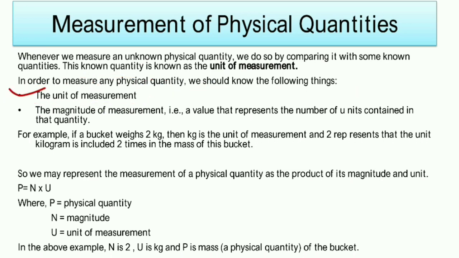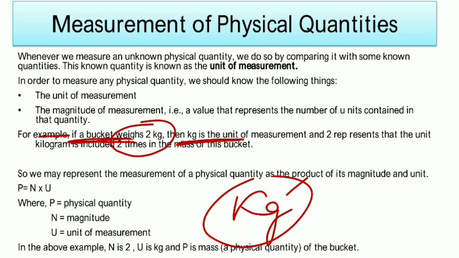So the first thing is that we should have the unit of the measurement. Now the magnitude of the measurement is the value that represents the number of units. Magnitude should be there, which means the measure contains two things, unit and magnitude. With examples we will learn about this. For example, if a bucket weighs 2 kg, then kg is the unit, because it is the fixed known quantity.